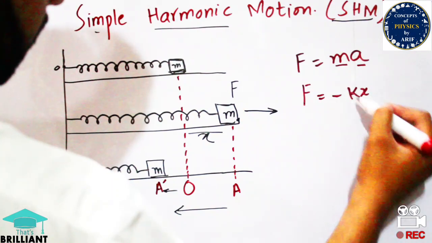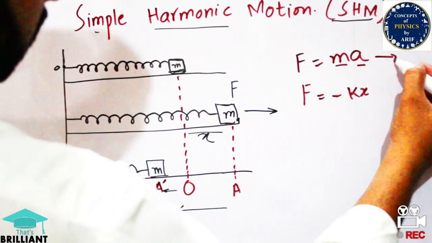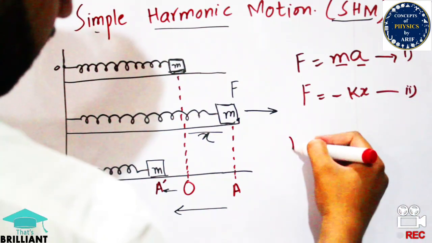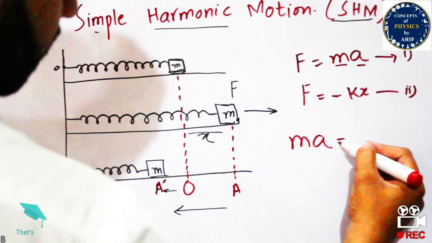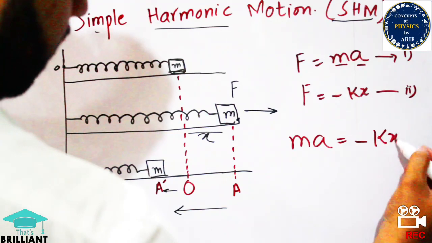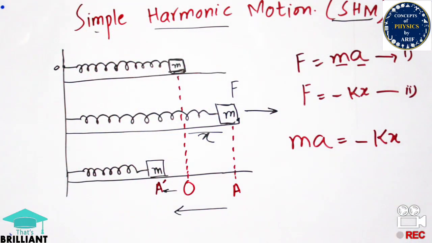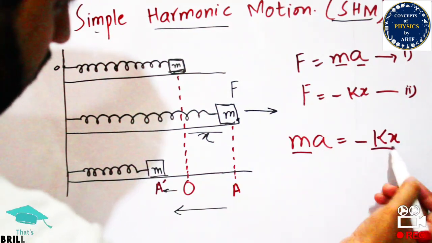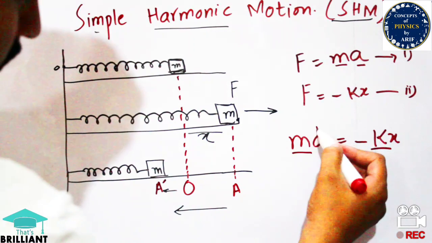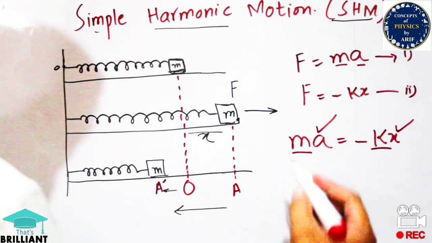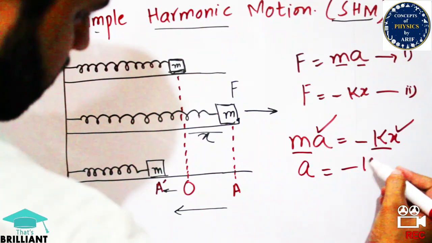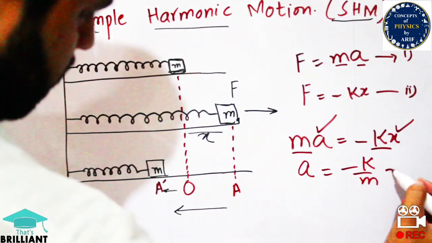I previously discussed that, and when we equate these two equations, because these two forces are equal, ma is equal to minus kx. In this expression, mass and k are constant values, so we can combine them and calculate the acceleration with respect to displacement. a is equal to minus k over m into x.